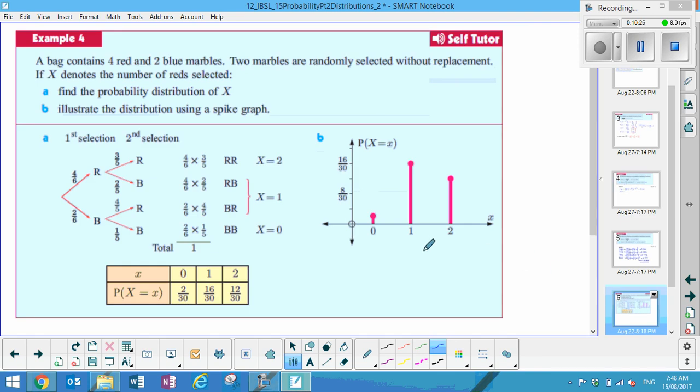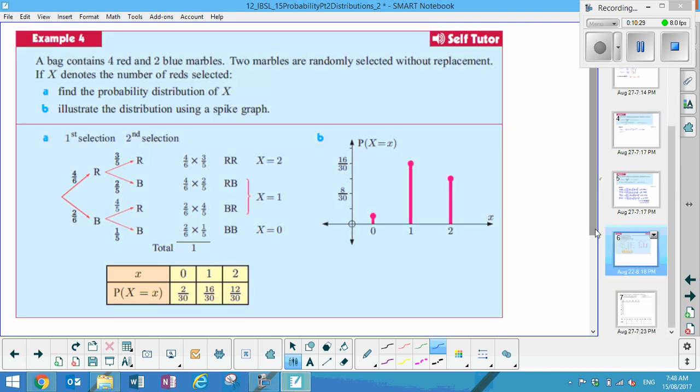The last one I just want to have a look at here, and we've got a bag containing marbles, 4 red and 2 blue marbles. 2 marbles are randomly selected. X denotes the number of reds selected. So there's our definition of our variable. So how many reds?